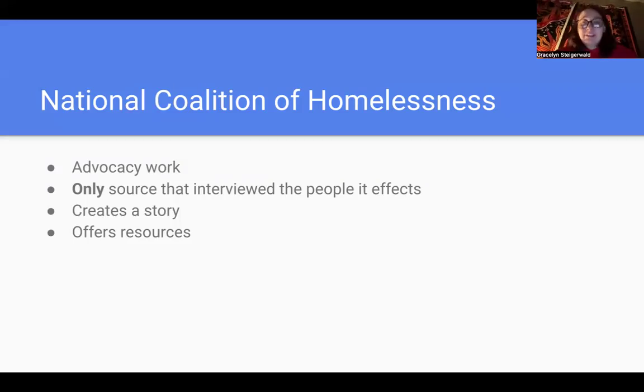This has been an issue with many studies over the years, as you can see through autism studies or developmental disabilities, that they just don't include the population in the studies that is the one being affected. The NCH breaks that wall and includes the homeless population in this research, which I think is very beneficial.